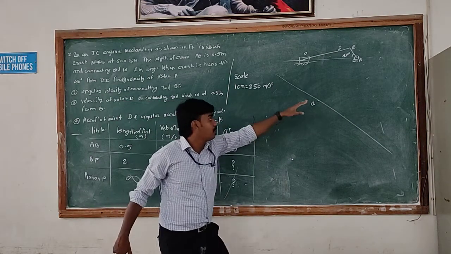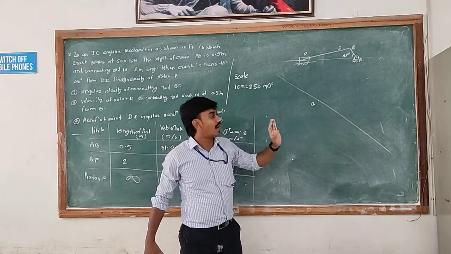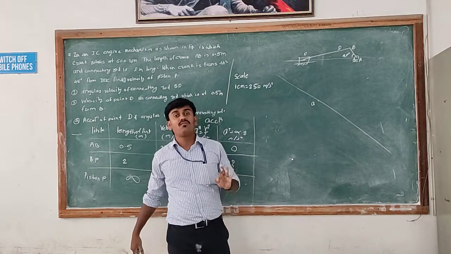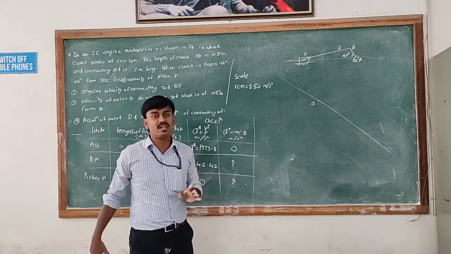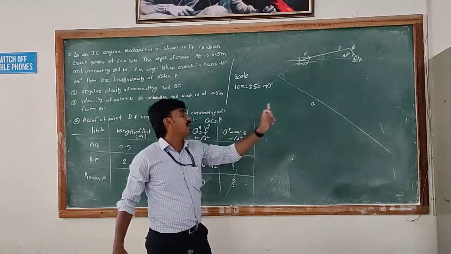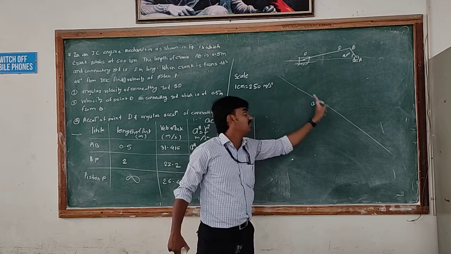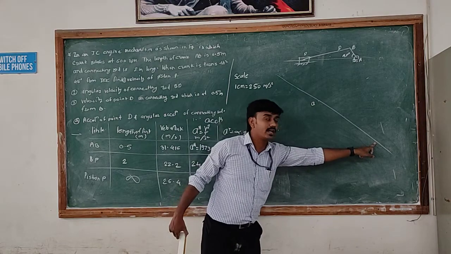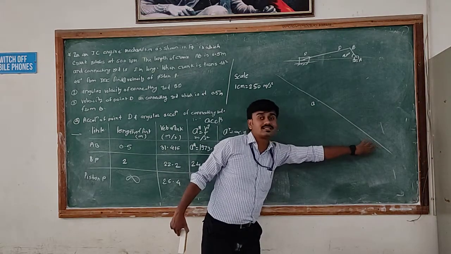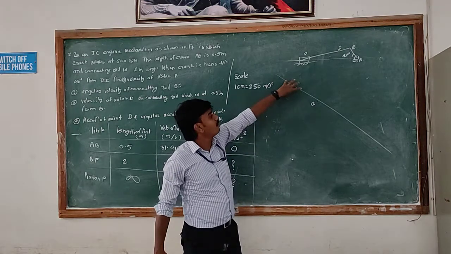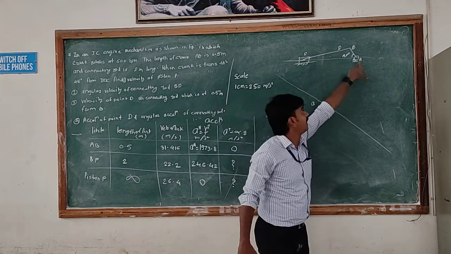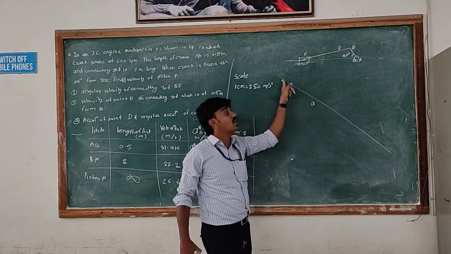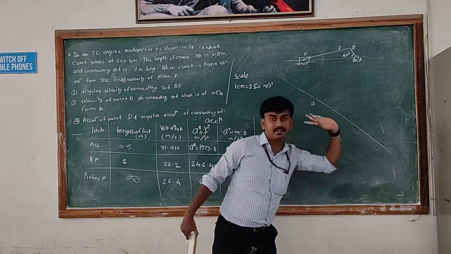Because the centripetal and centrifugal forces are the same in magnitude but opposite in direction, and the link AB is in this direction. Therefore the centrifugal force acts in this direction and the centripetal force in this direction.